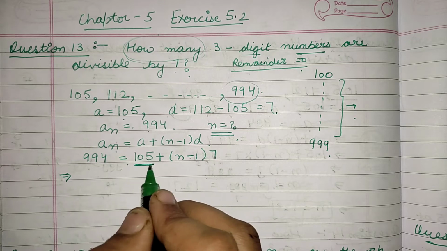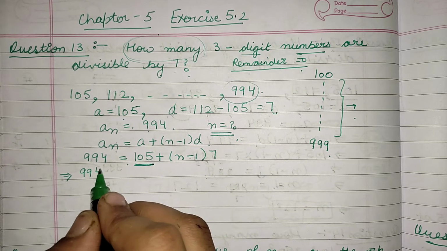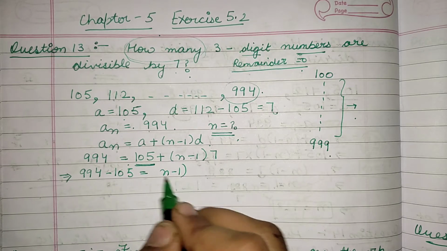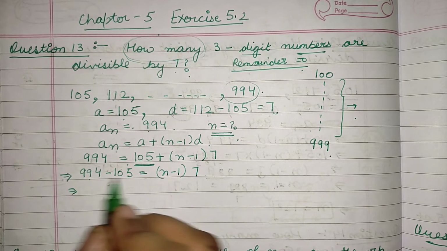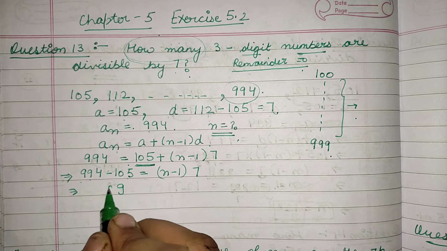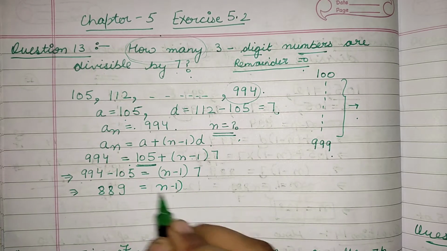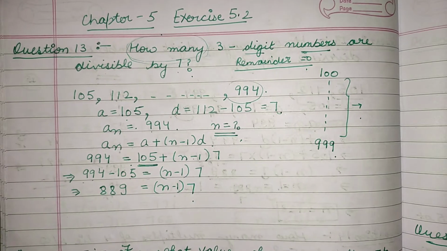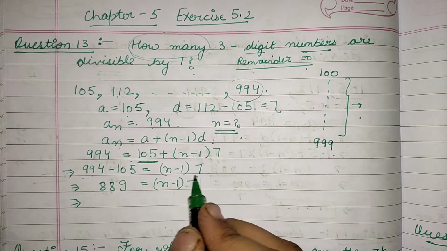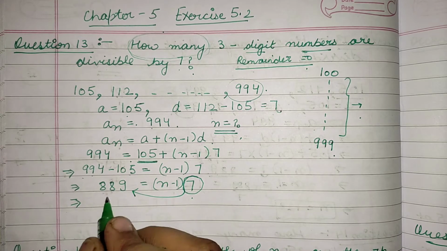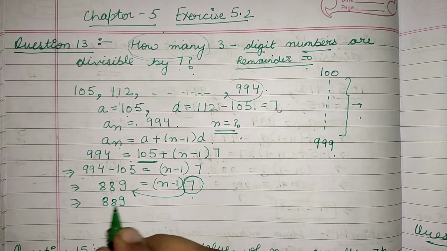This 105 is being added here, so it will be subtracted on the left hand side. After doing this subtraction, I will get 889 is equal to n minus 1 into 7. Now 7 is being multiplied here, so when it comes to the left hand side, it will be divided.